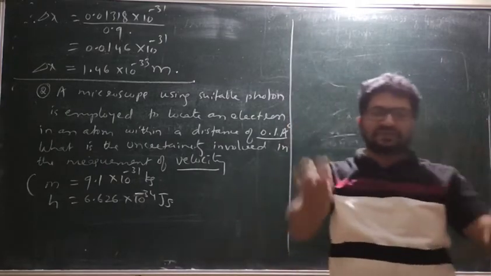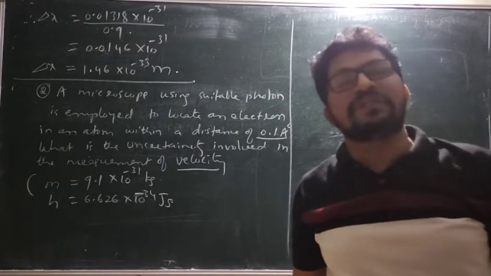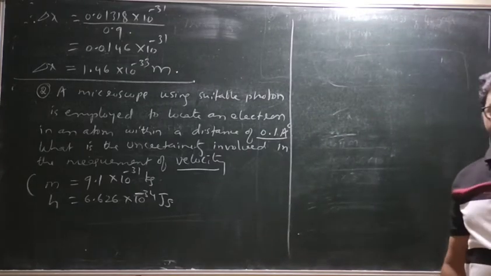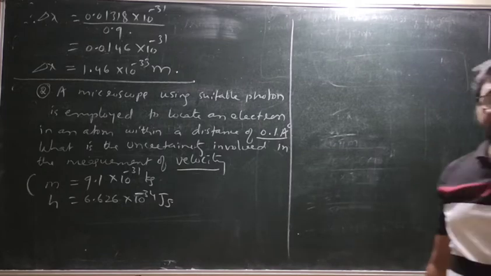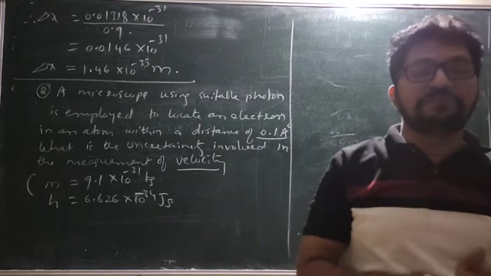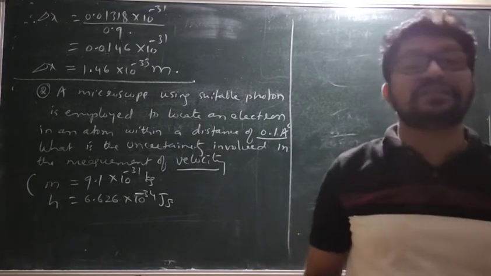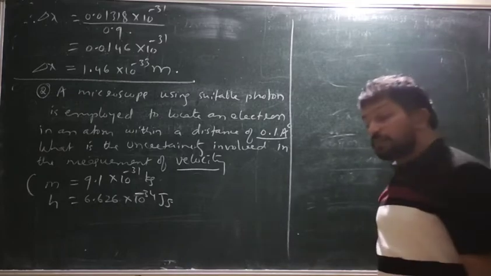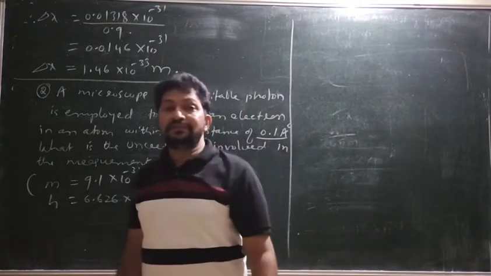Okay, once again, I am discussing the quantum mechanical model of the atom. Because Bohr's theory was predicting the atom based on particle nature mainly. And what was the drawback of Bohr's theory?